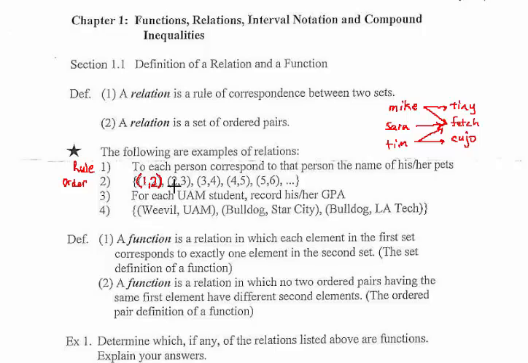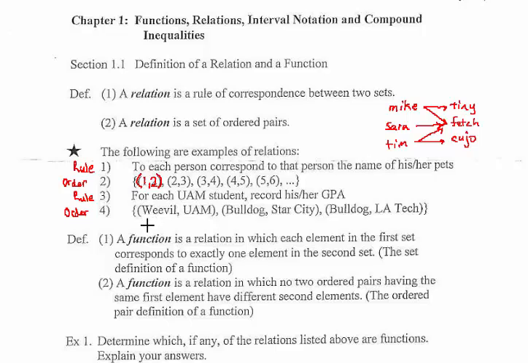Another assignment is 2 is assigned to 3, and 3 is assigned to 4, 4 is assigned to 5, and so on. This is just another way to express a relation. And then for 3, we're given another rule, and for 4, we're given another relation in the form of ordered pairs. So those are some examples of relations.